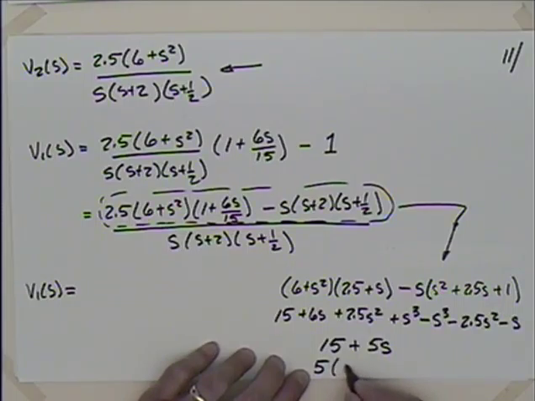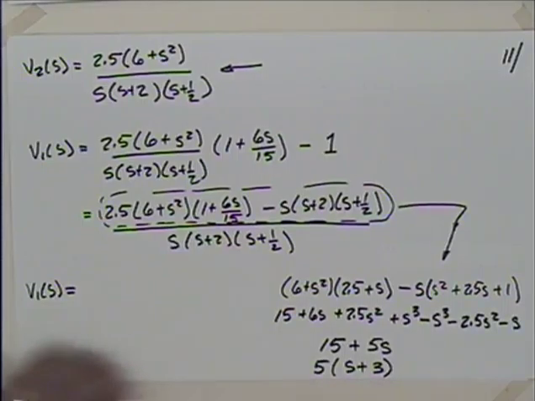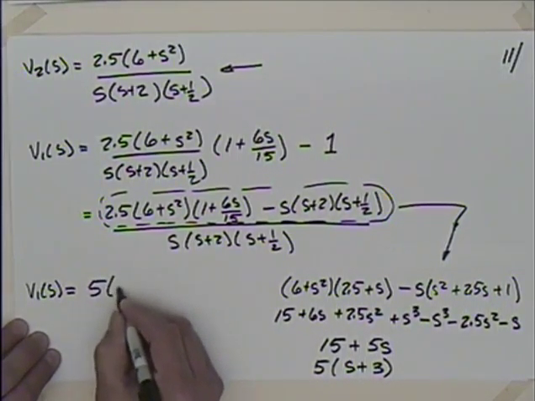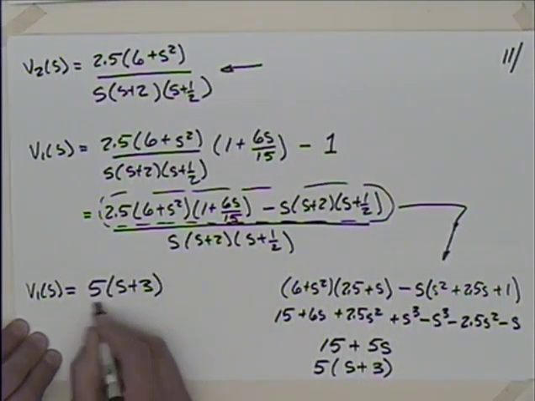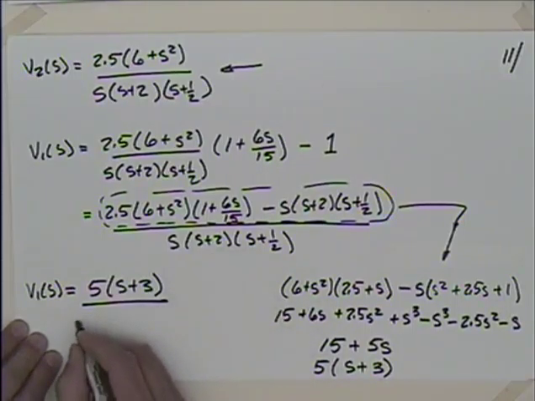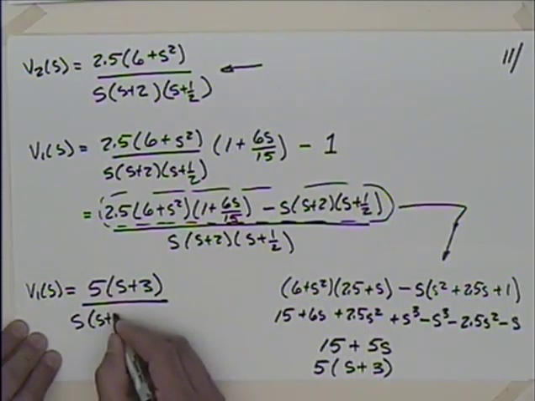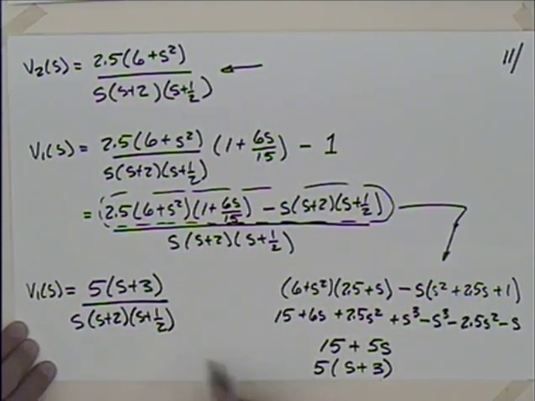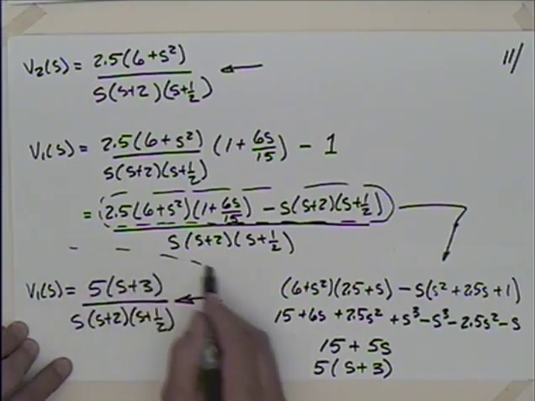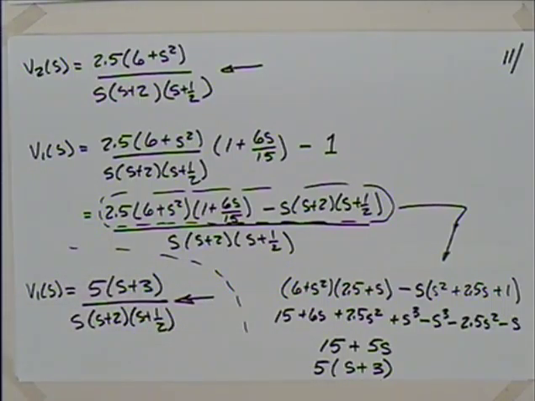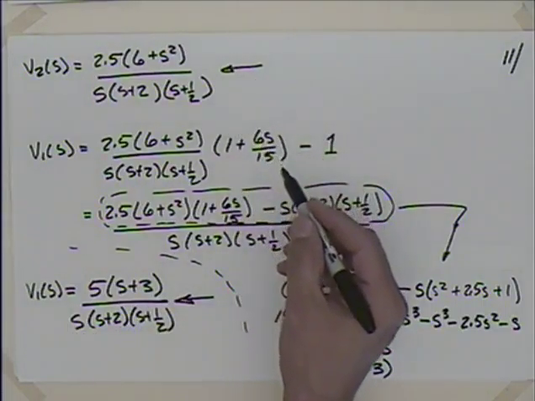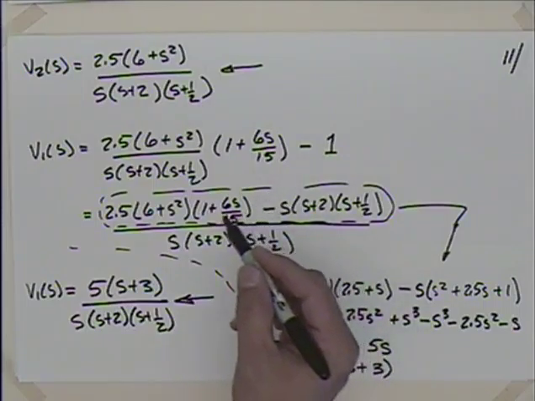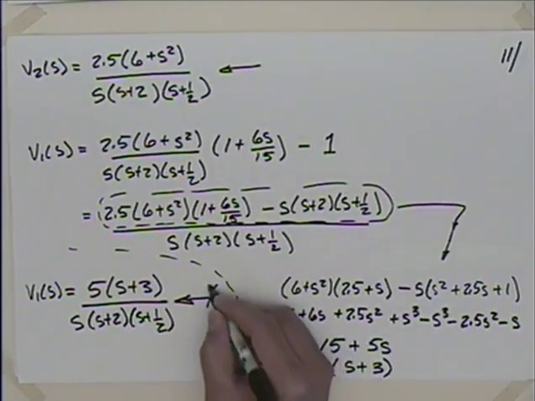So I have 5 times S plus 3, that's good. 5 times S plus 3 divided by, then we need this S plus 2, S plus a half. So that would be my answer for V1. Double check that, 5 times S plus 3, S plus 2. And my answer for V2 up here. So those would be my final answers.